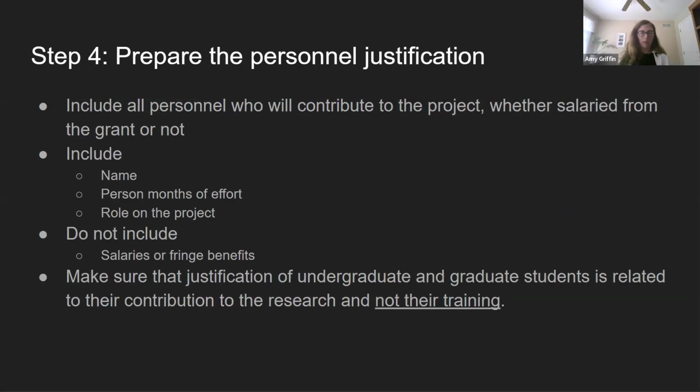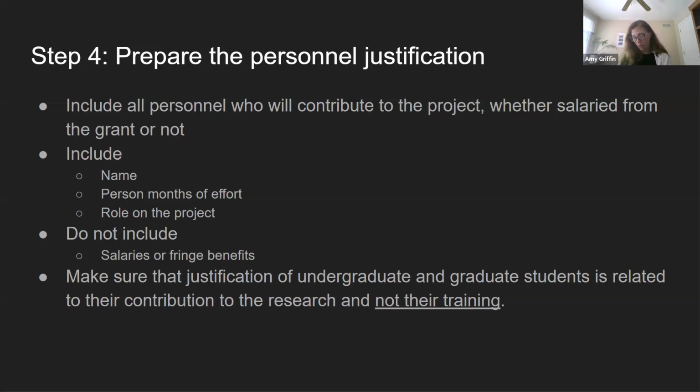All right, so the next thing you have to do is prepare the personnel justification. You're going to list all the personnel who will contribute to the project, whether they're actually salaried by the grant or not. You'll include their name, the person months of effort, and their role on the project. Do not include salaries or fringe benefits. And then make sure that in your justification of undergraduate and graduate students, it's their contribution to the research and not their training.